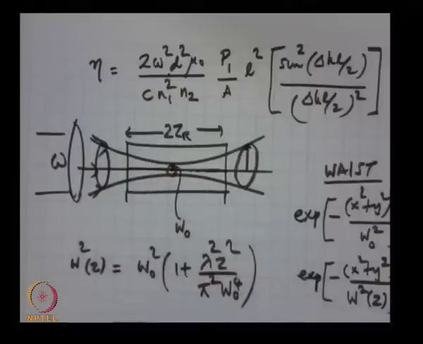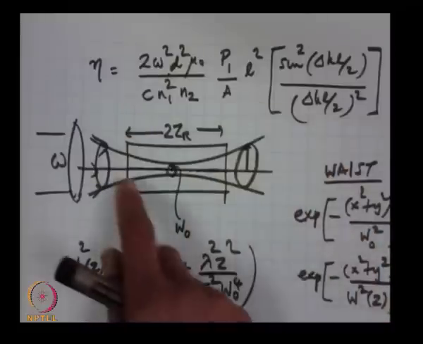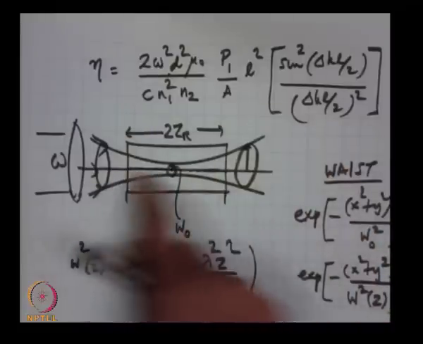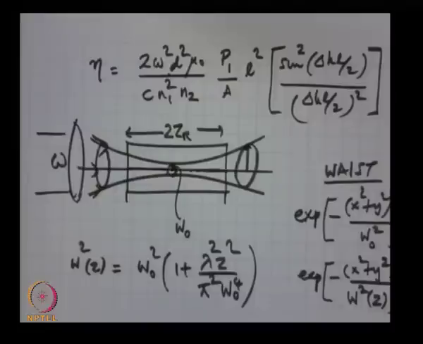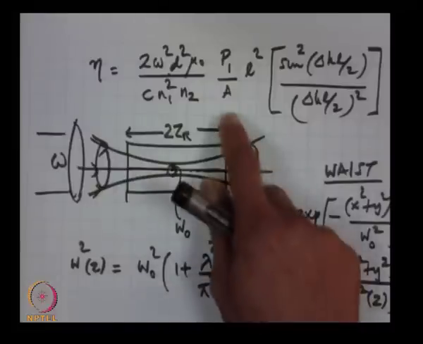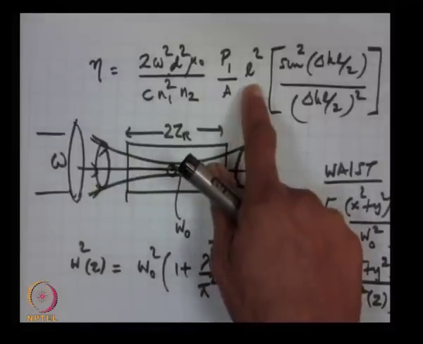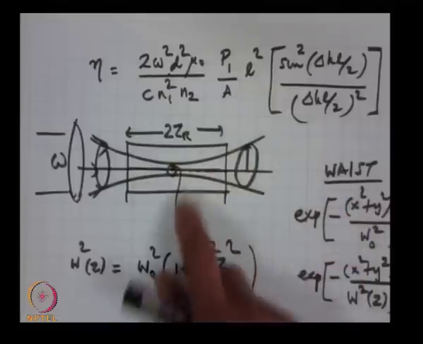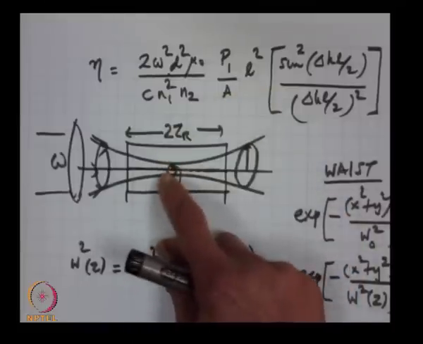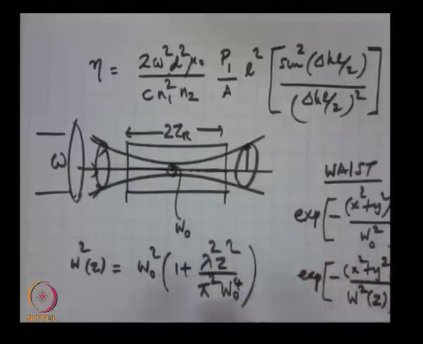So I can approximately say that if I use a crystal of length 2 ZR, and W0 is the spot size at the base of the Gaussian beam, then I can achieve an efficiency assuming that the intensity remains almost constant across this length. So unlike a plane wave where I can choose A and L arbitrarily, here for a chosen value of A, the area of cross section, L gets fixed.